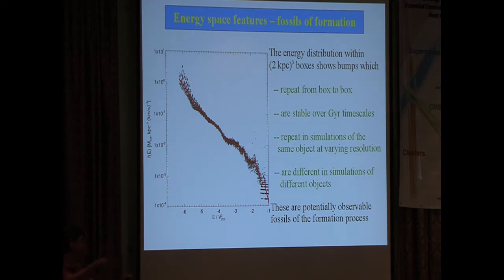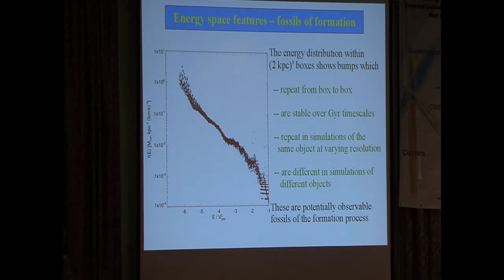If you look at the simulation 1 gigayear later, remember the orbital times in this region are about 100 million years. So all the particles do 10 orbits in a gigayear. You come back a gigayear later, you make this plot, the bumps are still in the same place. So they're stable structures over gigayear timescales.